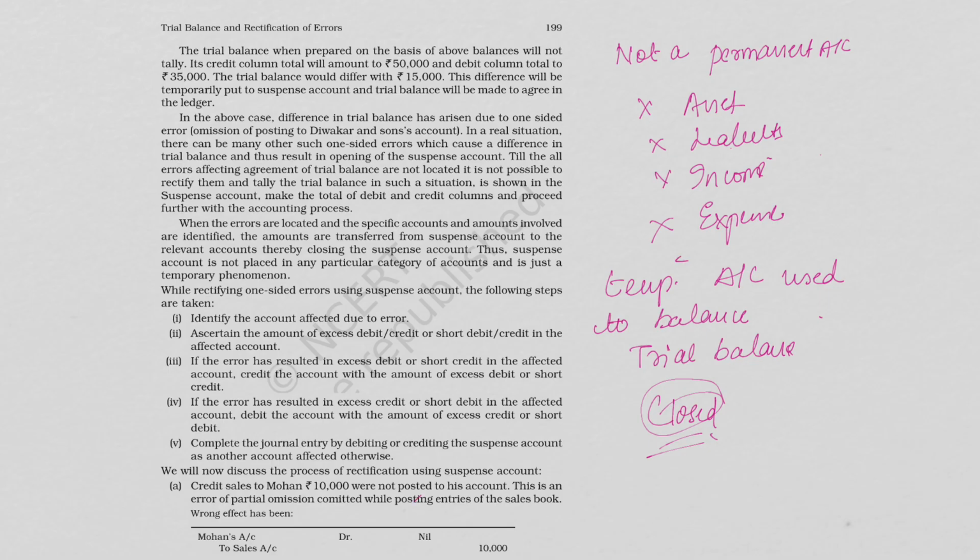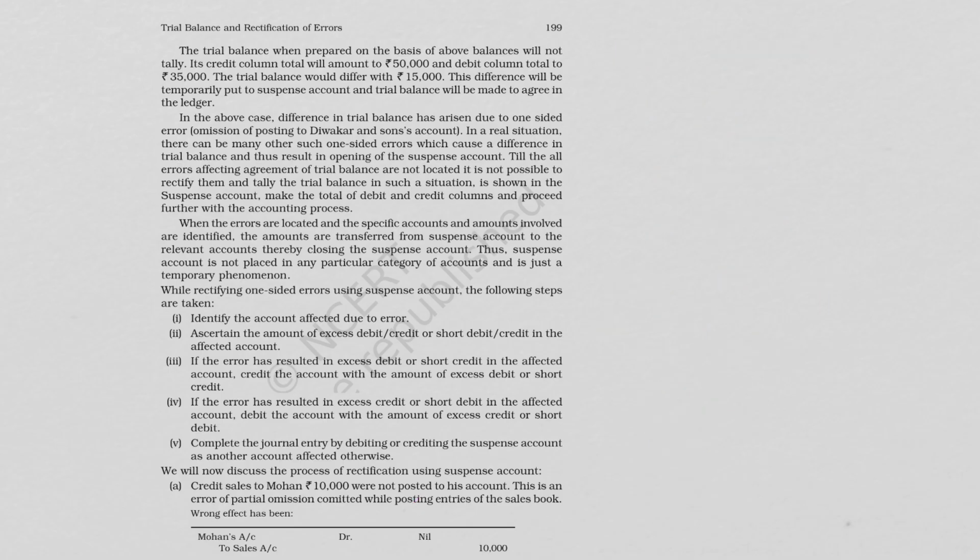Next, we have the rectification process using the suspense account. Here we have the steps to rectify one-sided errors. Let's see the steps. First of all, we'll identify the account that has been affected. Next, we'll find the amount of error.